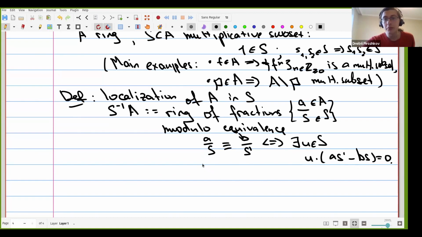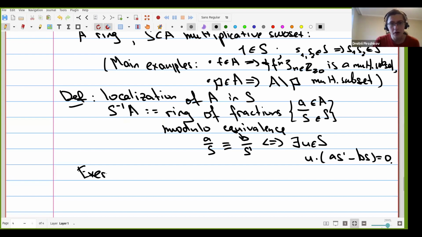So I claim that what I have defined here is an equivalence relation, and this is of course necessary. And then I also claim that, and I leave this as an exercise.